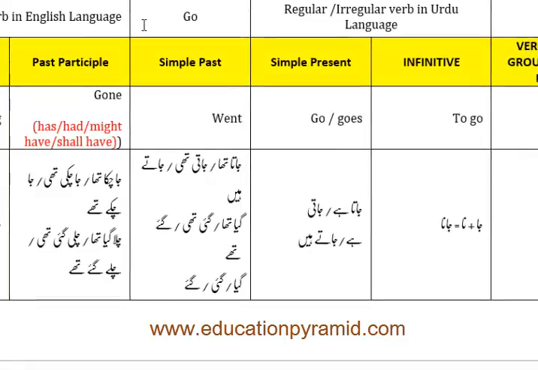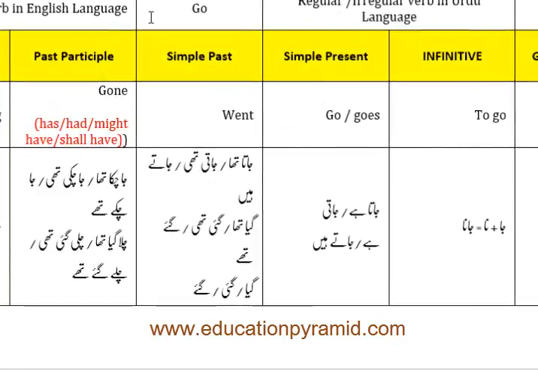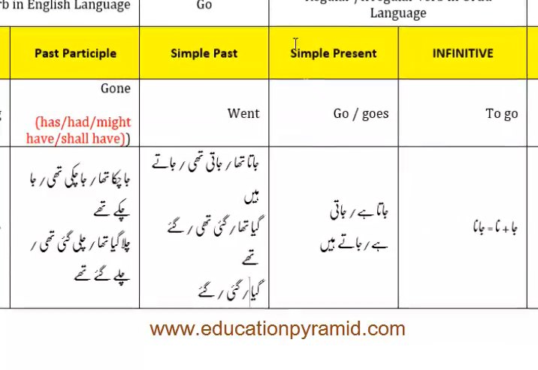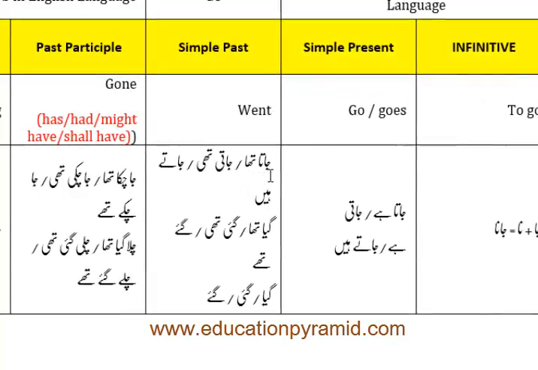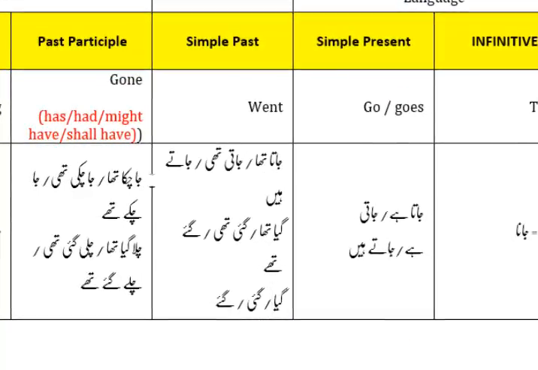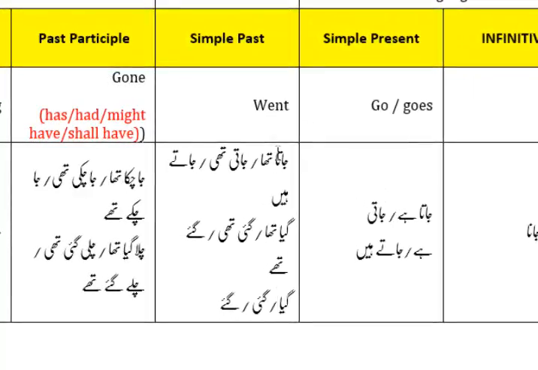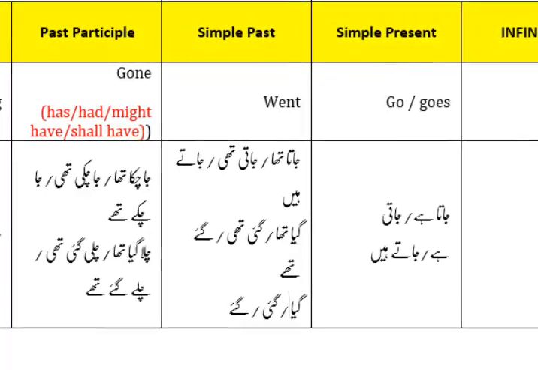If the verb is regular or irregular in English, it doesn't mean that you will find a similar pattern in Urdu. There are certain sentences where you will find जाता था, जा चुका था, जाता है. There is a pattern. So this is the regular use of the verb.